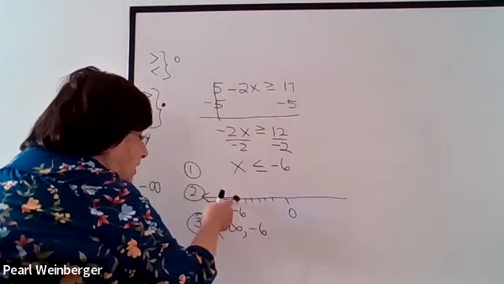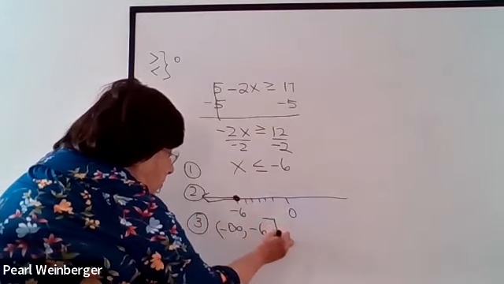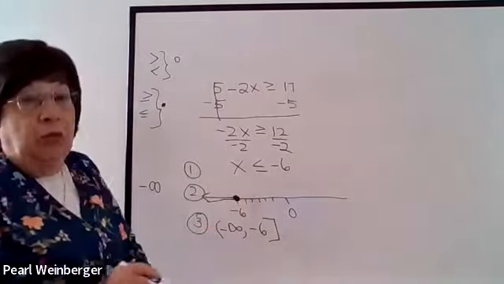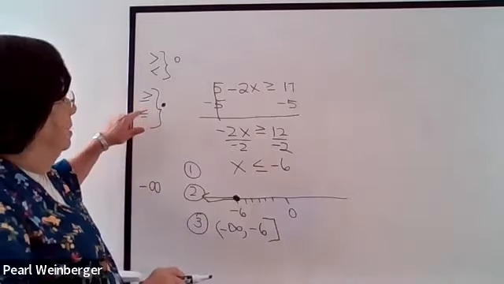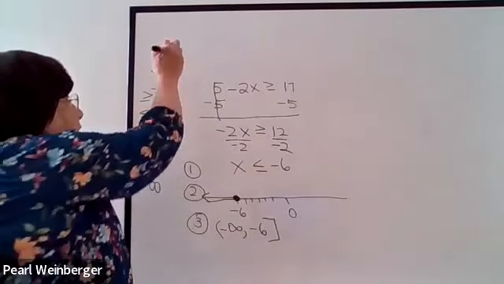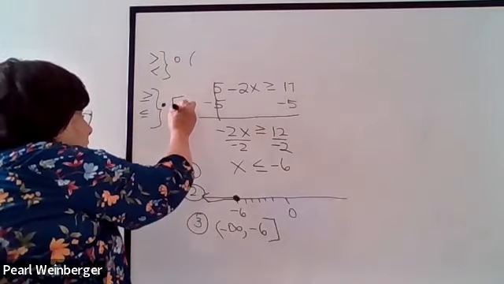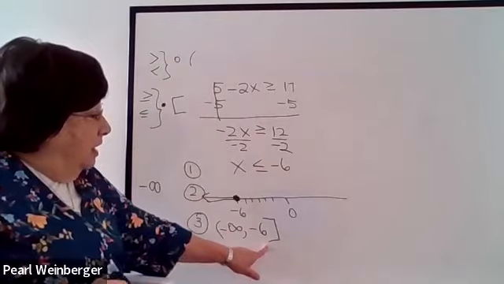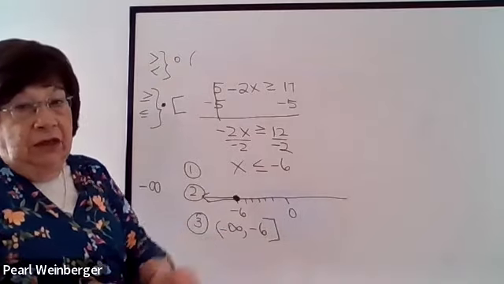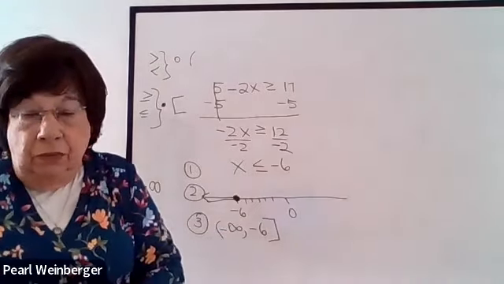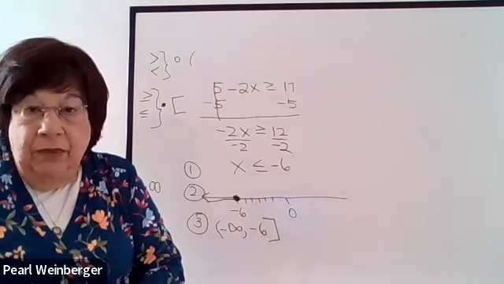And since that negative 6 was filled in, we have to make that a bracket. This is the parentheses and this is the bracket. That indicates that we have it filled in when we have that square parenthesis, the bracket.